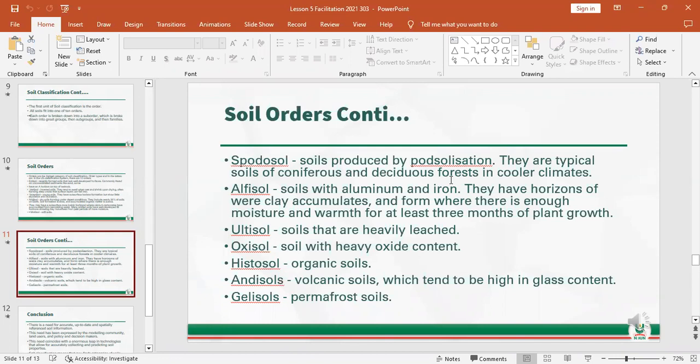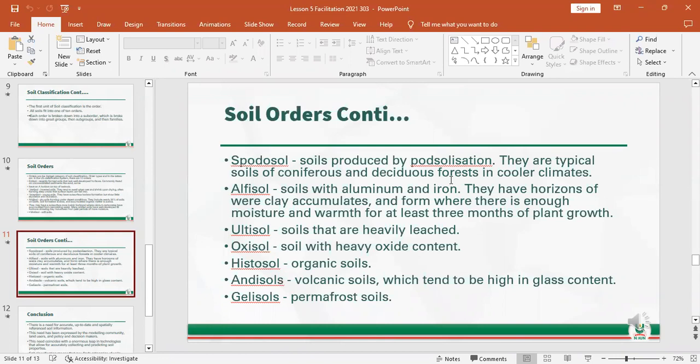During rainfall, they experience rainfall to the extreme. There is excessive rainfall in those areas, and during the hot weather, we also have extreme weather conditions affecting them. So we now say that these soils are Oxisols.